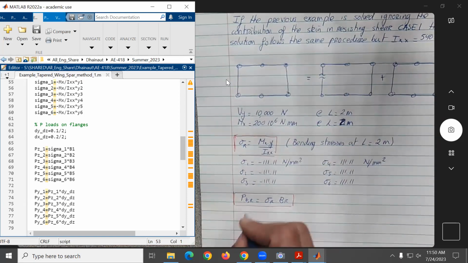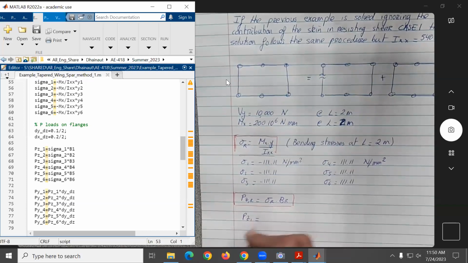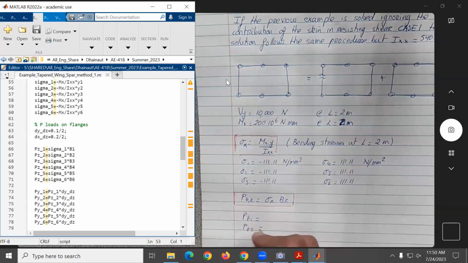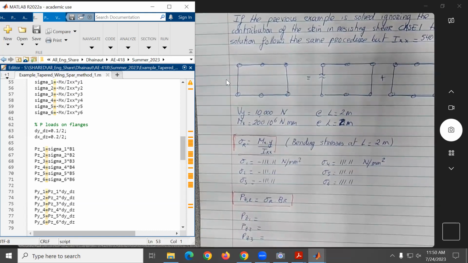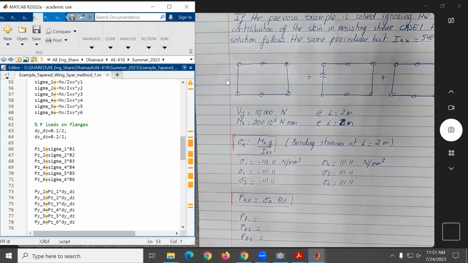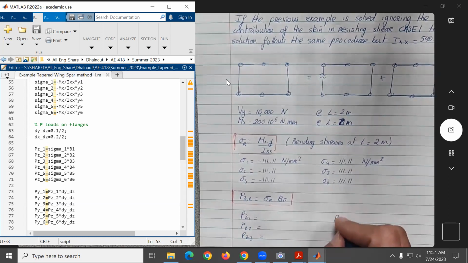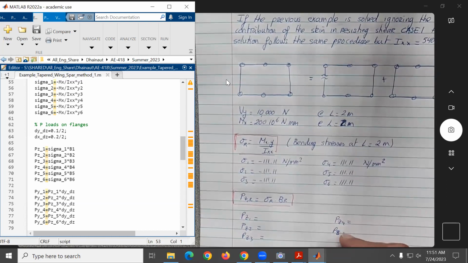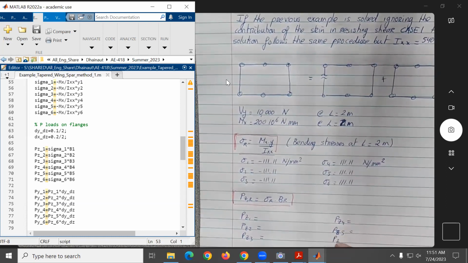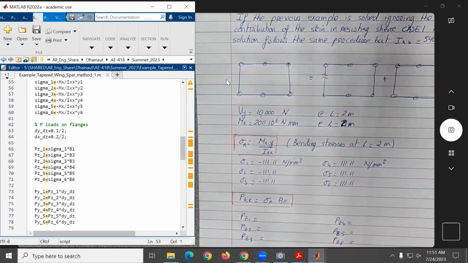And what do we have? We have Pz1, Pz2, Pz3. So it's just going to be a change in values. And Pz4, Pz5, Pz6 equal.